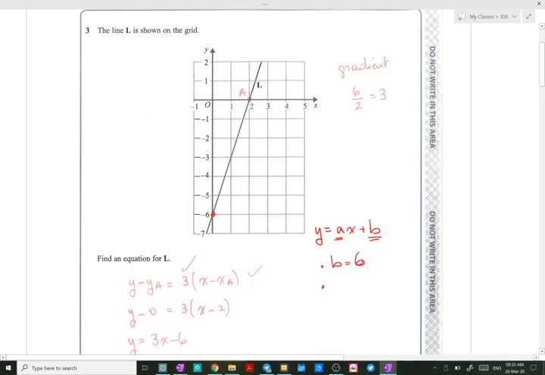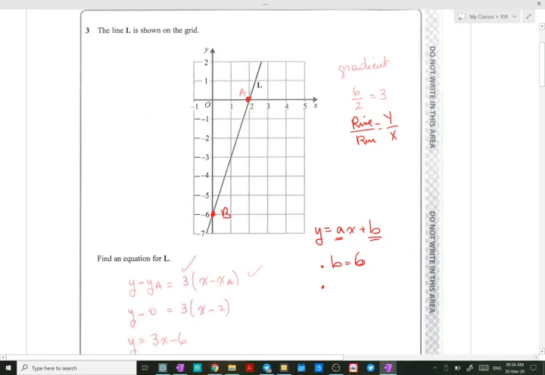And if we're going to find the gradient a, we just choose 2 points on this line. So if I choose the point A here and the point B, and I rise and run, because you know that the gradient is rise over run, which is equal to y over x.